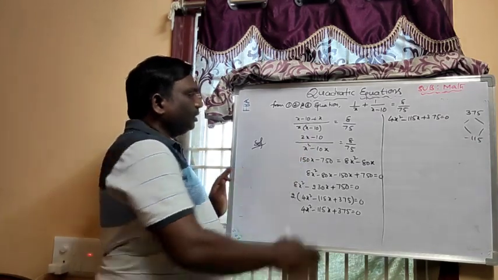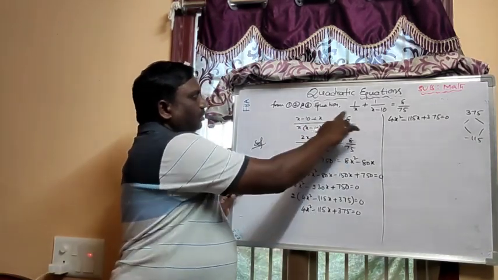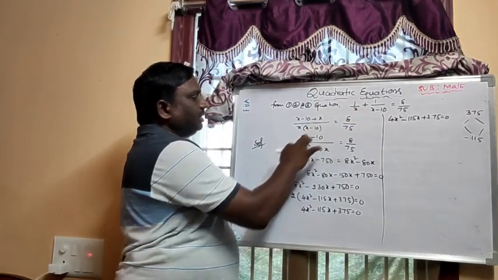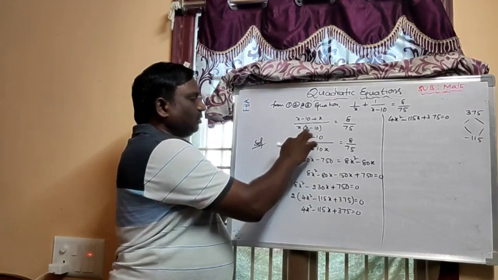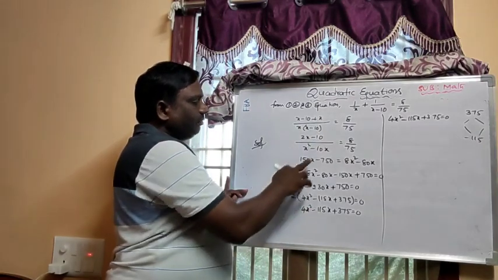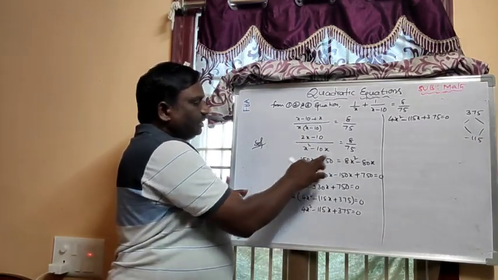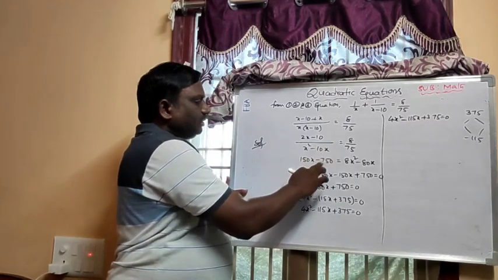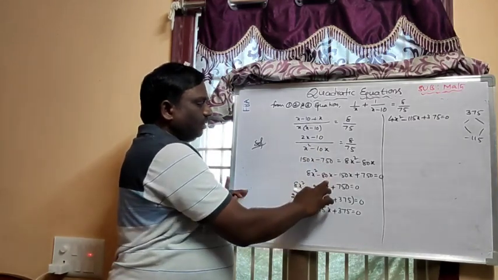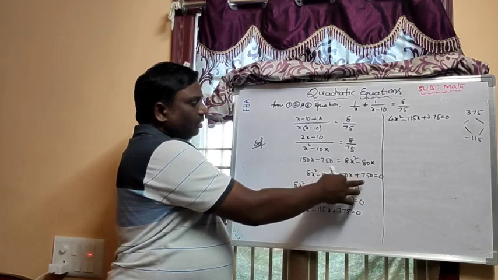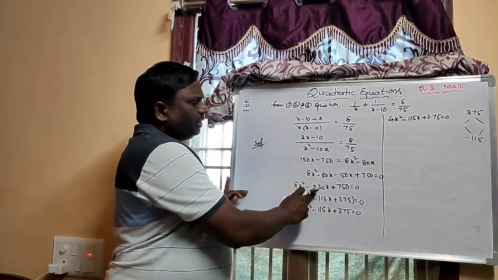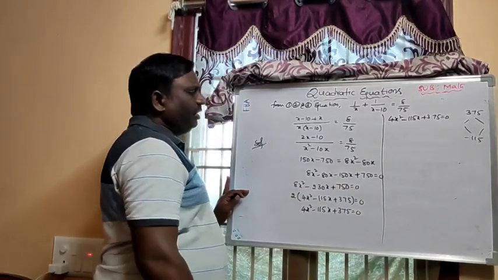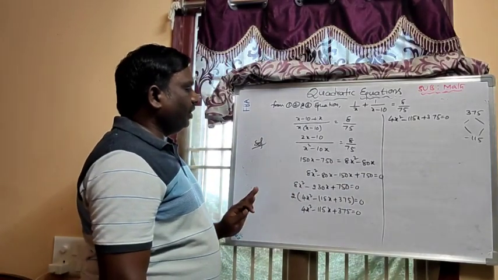So see here once again: 1/x plus 1/(x minus 10), 2x minus 10 by x into (x minus 10), equal to x square minus 10x, by 8 by 75. 150x minus 750, 8x square minus 80x. 8x square minus 80x minus 150x plus 750, minus 230x plus 750.